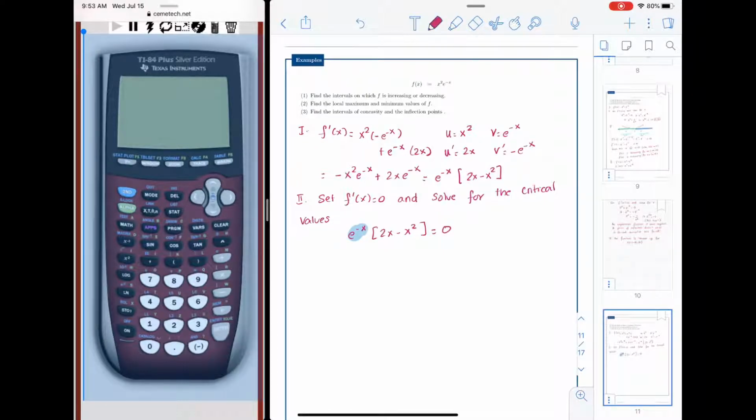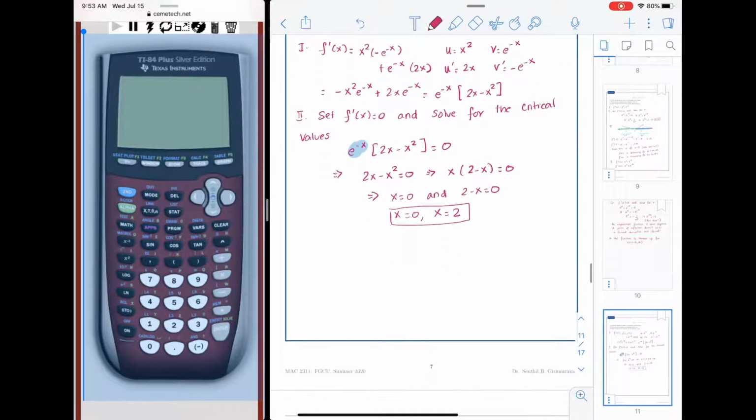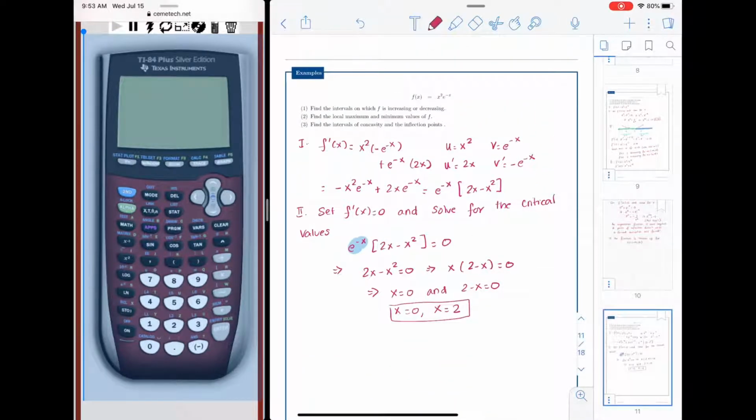That only implies 2x minus x squared equal to 0. If I pull out an x, I have x times 2 minus x equal to 0, which would indicate x is 0 and 2 minus x is equal to 0. So the two values are x is equal to 0 and x is equal to 2. Those are the critical values.